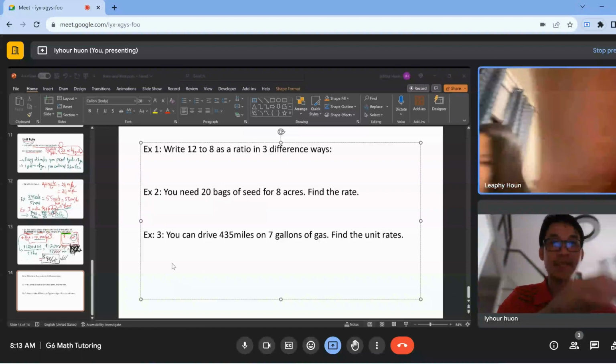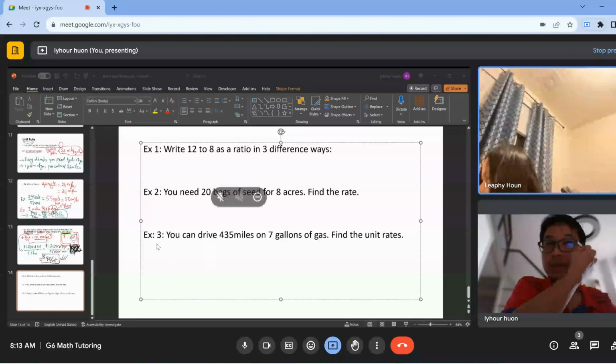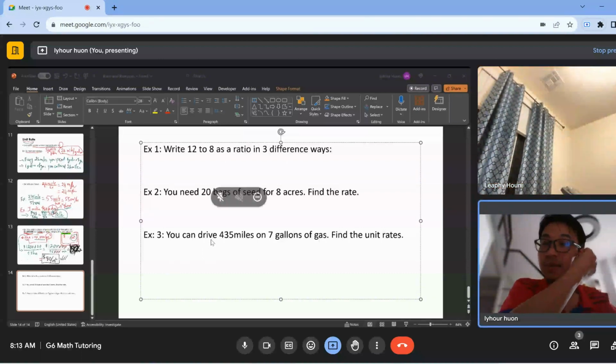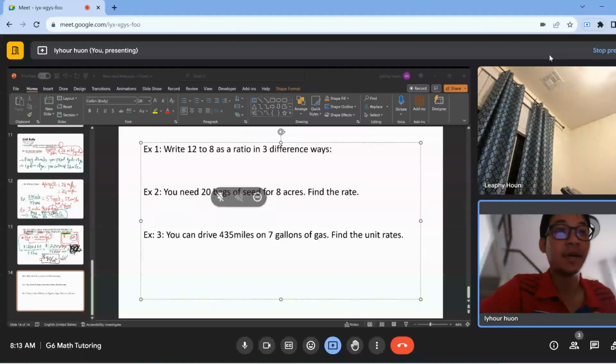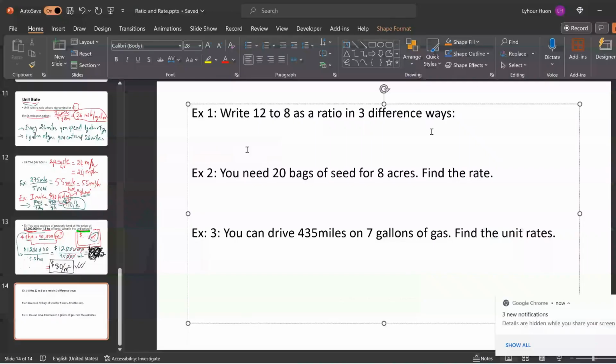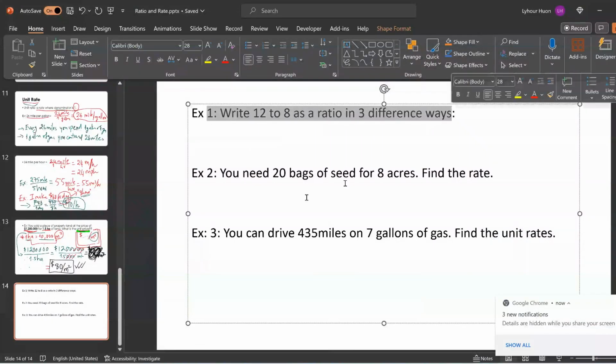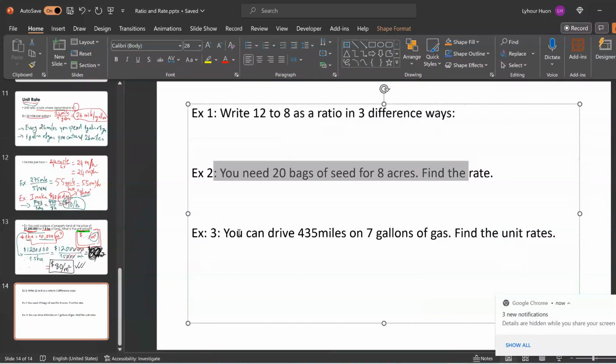Find the rate. Number three, you can drive 435 miles on 7 gallons of gas. So find the unit rate. So we have three exercises: one with the ratio, second with the rate, third with the unit rate.